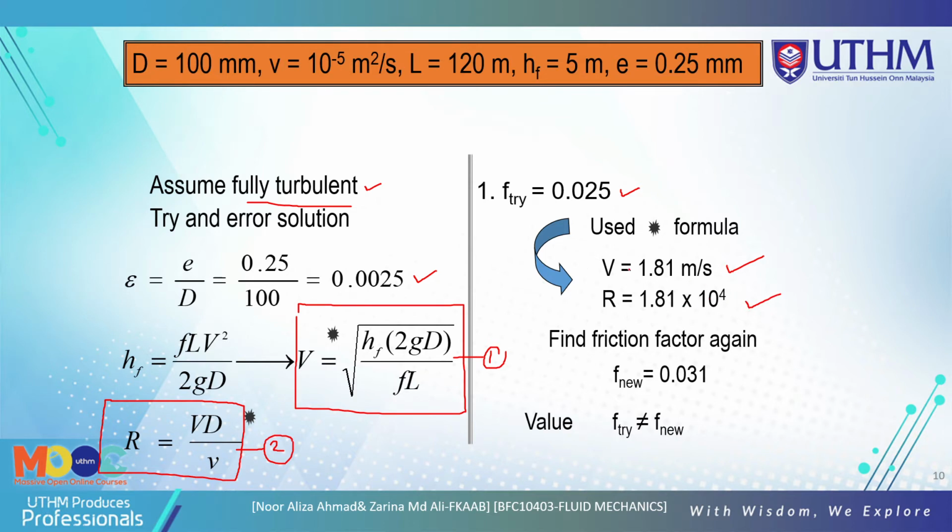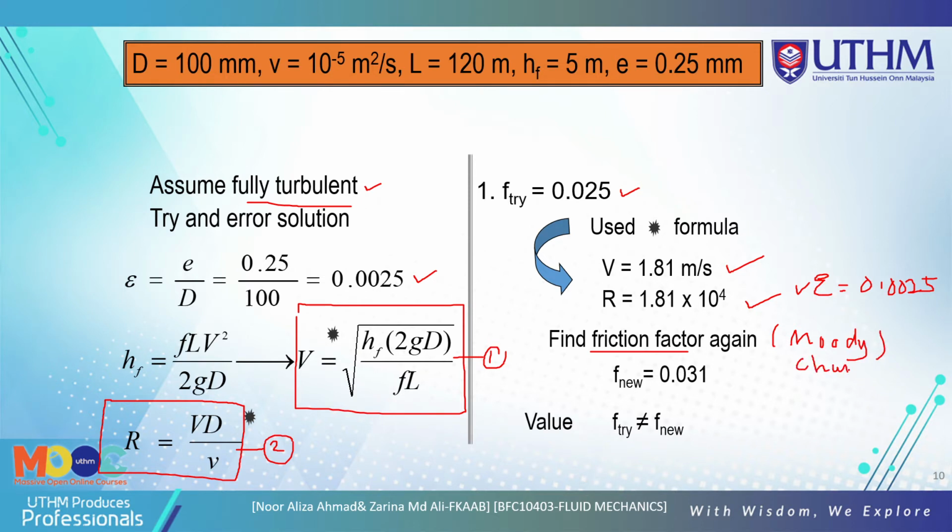After you get the Reynolds number, and you use the E over D, the relative roughness, 0.0025, and the Reynolds number, you must look at the Moody chart to find the friction factor.